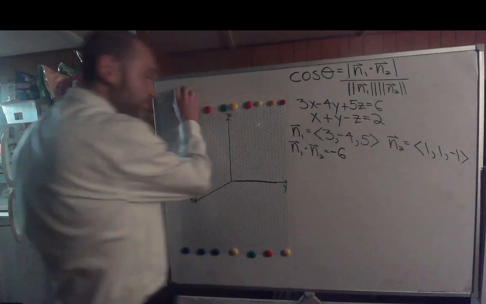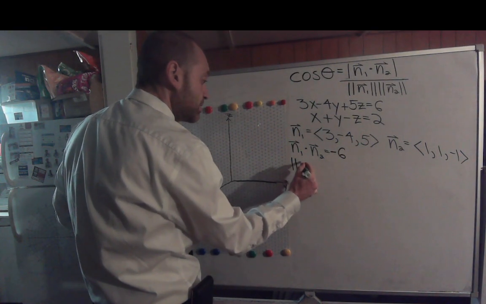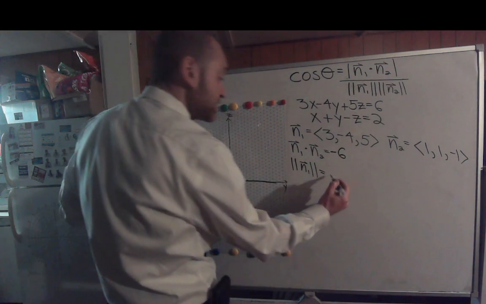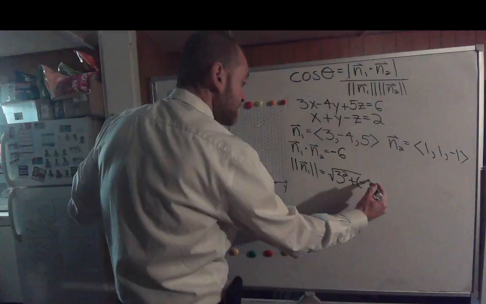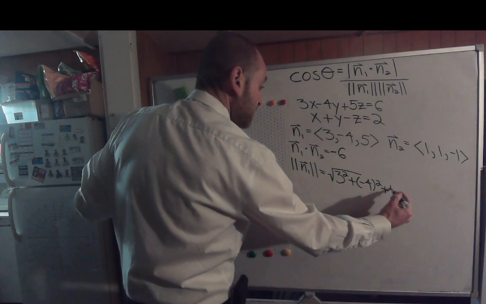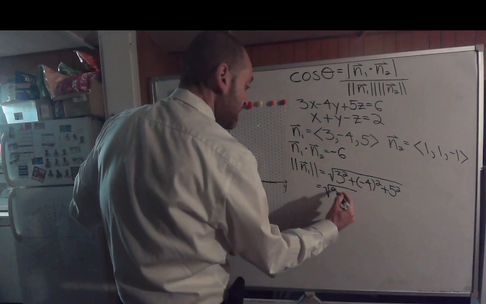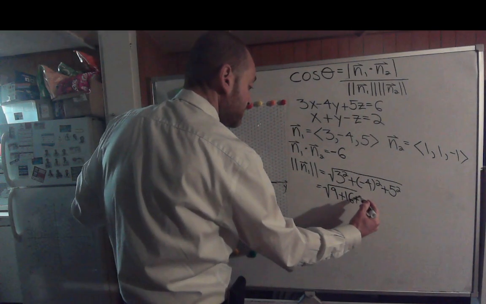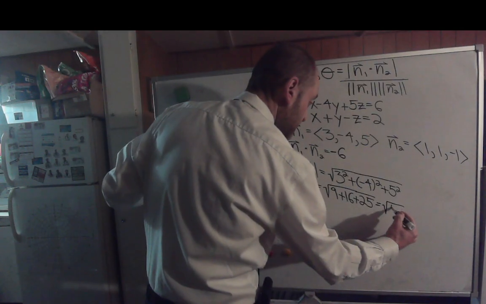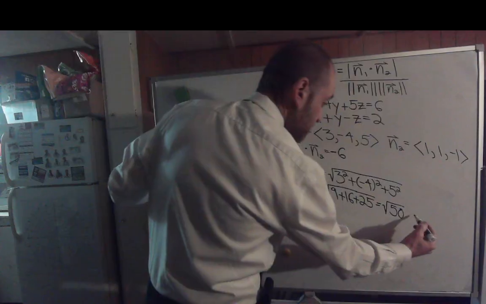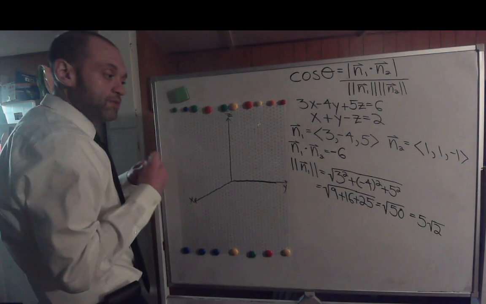Now that I found the dot product, the next thing I should do is start finding magnitude. So let's find the magnitude of my n sub 1 vector. Well, that's going to be the square root of 3 squared plus negative 4 squared plus 5 squared, which would turn into the square root of 9 plus 16 plus 25, which would end up turning into the square root of 50, which is 25 times 2, so you would end up getting 5 times the square root of 2 for the magnitude of your n sub 1 vector.